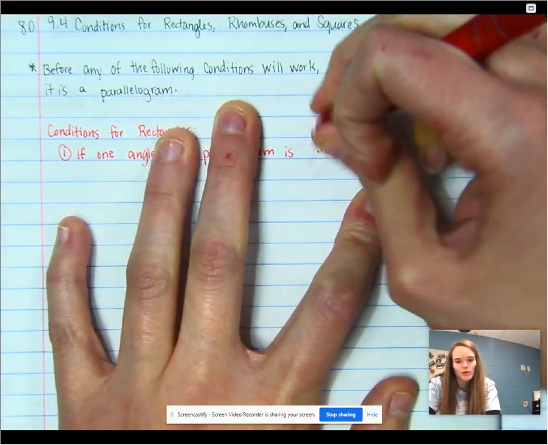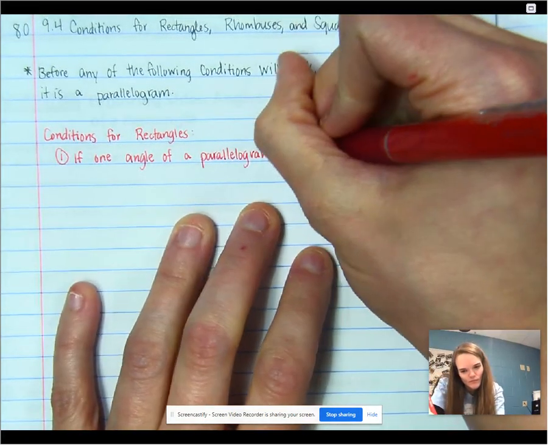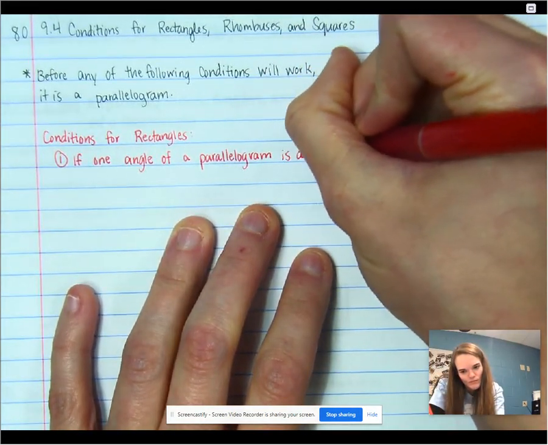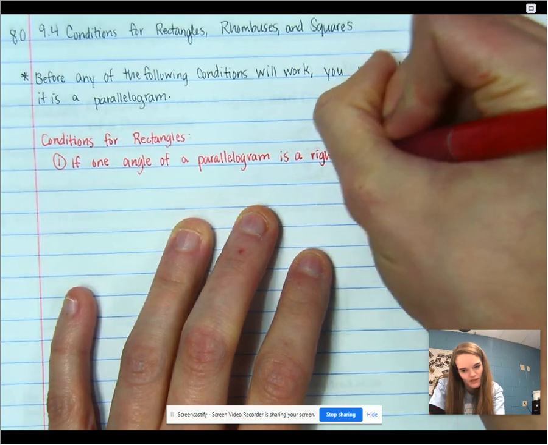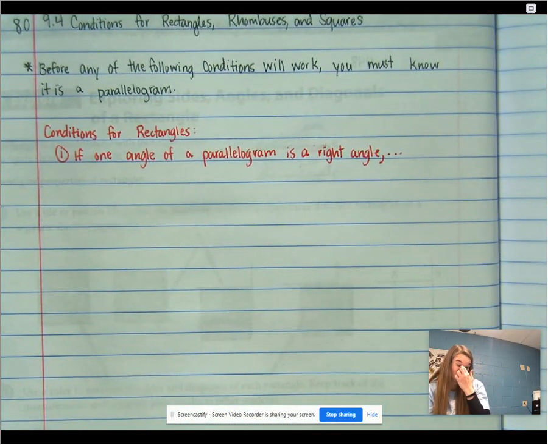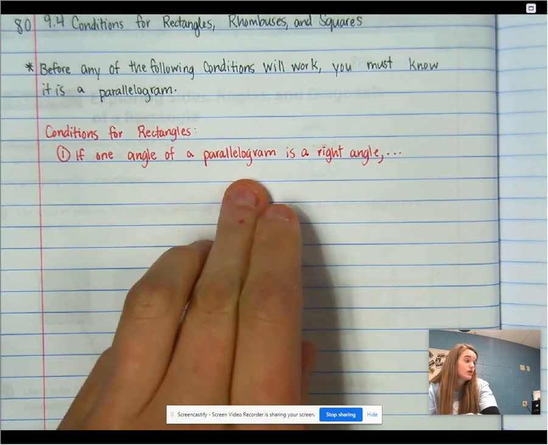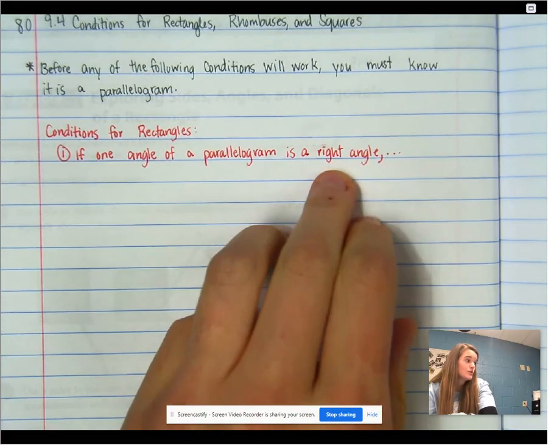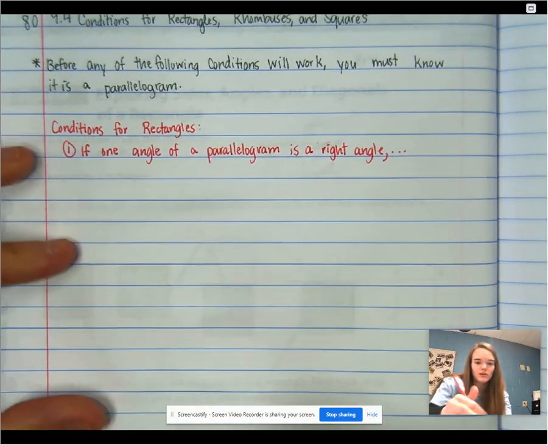Let's get the proper wording there. Then it is a rectangle. And we're going to write, then it's a rectangle one time instead of over and over again. Okay. So notice it's a parallelogram first. If it's a parallelogram and it has one right angle, then it's a rectangle.